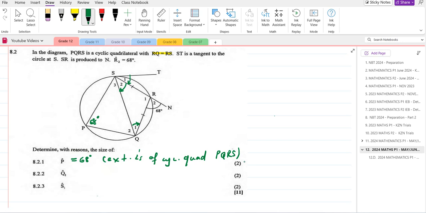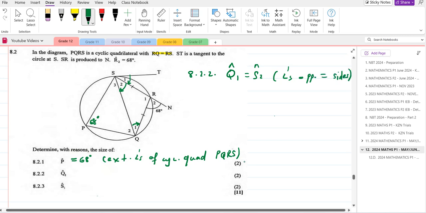For angle Q1, we're going to have multiple reasons. First we say angle Q1 is equal to angle S2. Reason: angles opposite equal sides. Don't write base angles of isosceles triangle because the marking guidelines want this reason.